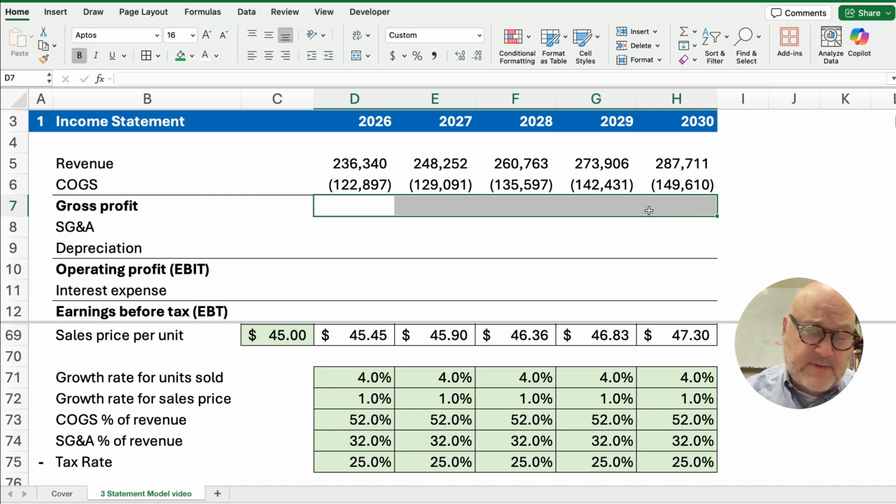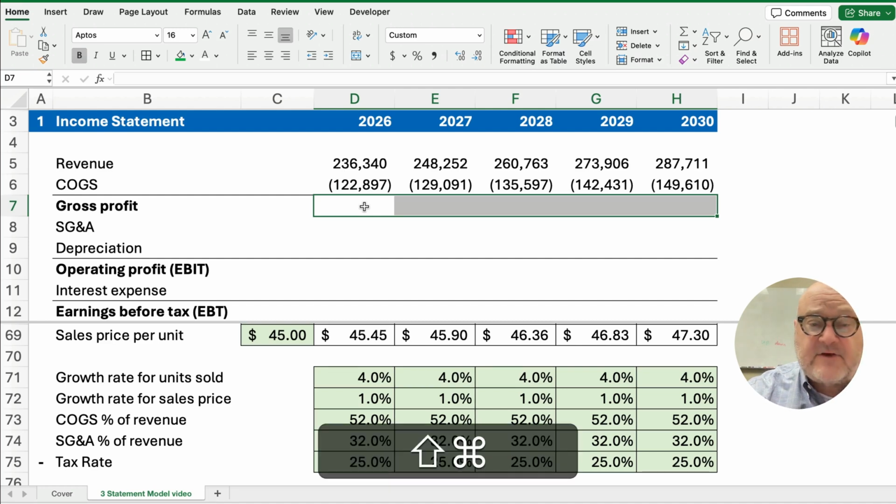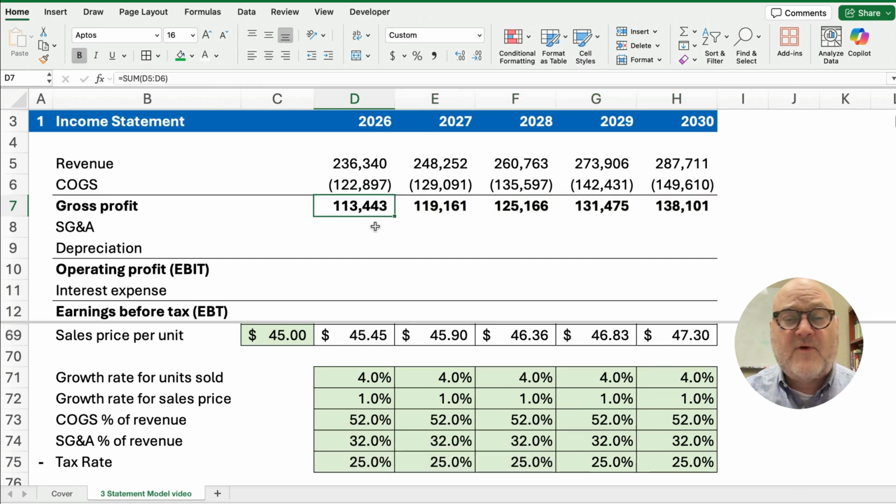All right, Windows people, it's going to be Alt and equals. So hold down the Alt and the equals. I've selected everything. It's going to take the contiguous cells above and just add them together. I'm on a Mac, so therefore it's Command-Shift-T for total for me. And so therefore I've got the sum, which is going to be a subtraction, right? So our gross profit is 113, 119, all the way to 138,000.